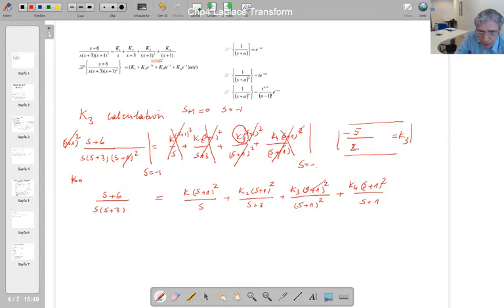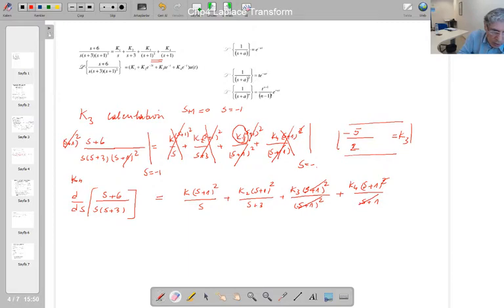This disappears, and this square goes with this one. In the previous calculation of K3, after multiplying both sides by (s plus 1) squared, I replaced s with minus 1. Here, I will do a process before replacing s with minus 1. What is this process? It is getting the derivative of both sides with respect to s, d over ds.